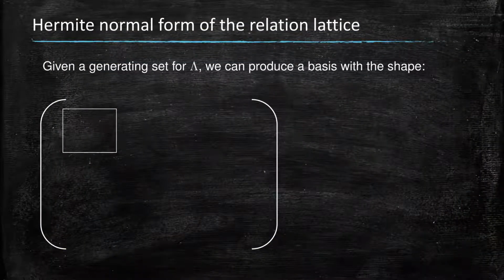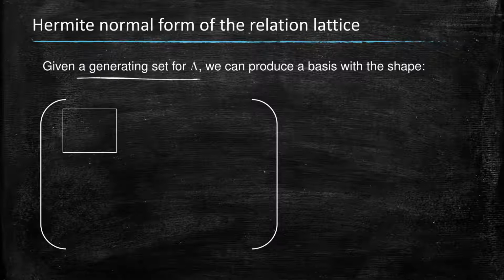So what do we have? How do we reduce the problem of rewriting an element to linear algebra? What we have at the end of the class group computation is a generating set for the lattice Lambda. Now we can compute what's called the Hermite normal form, which is a basis of the lattice generated by that set, that has the following shape.